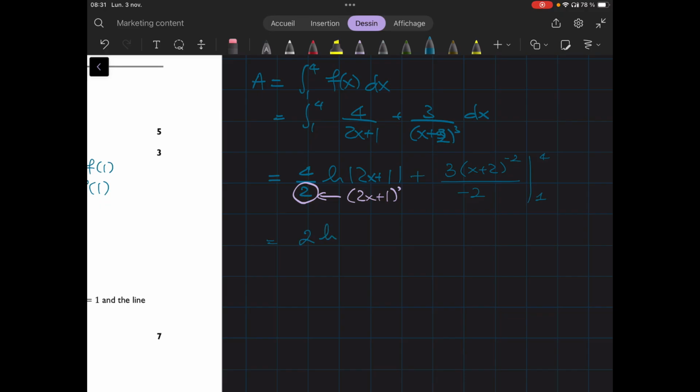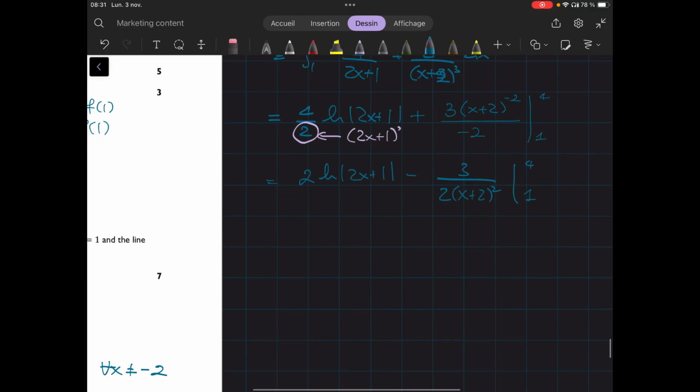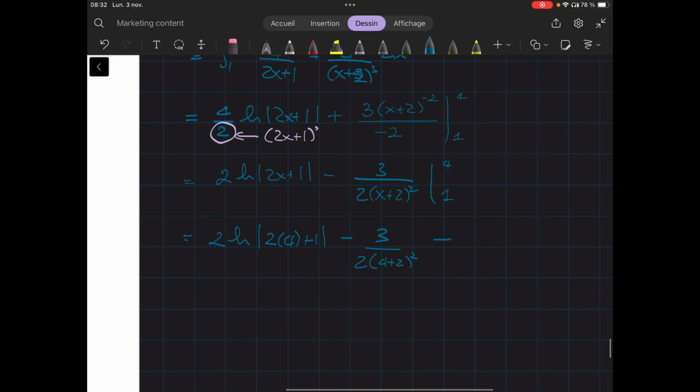Simplify this a little bit more before we start plugging in numbers. Upper bound, lower bound.